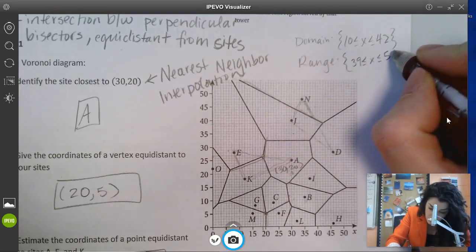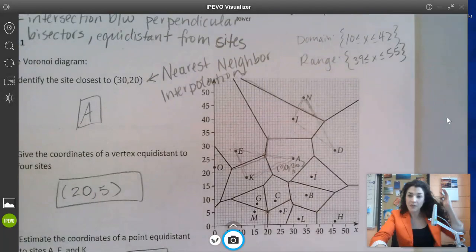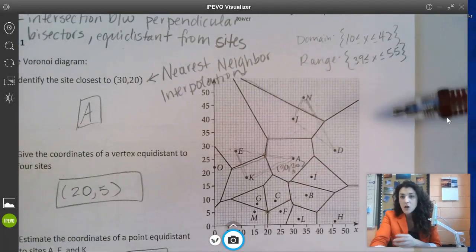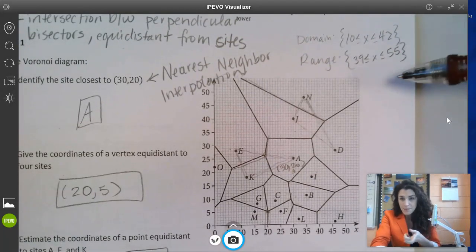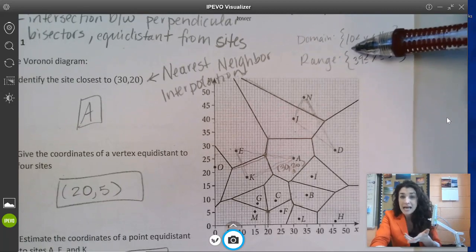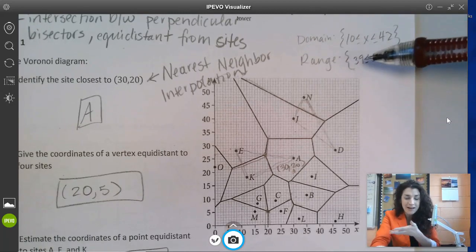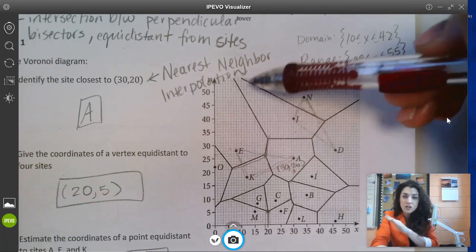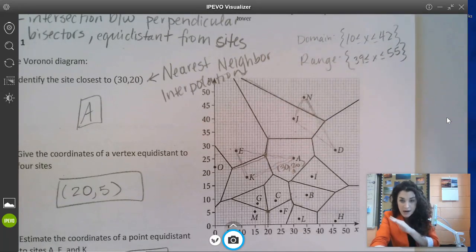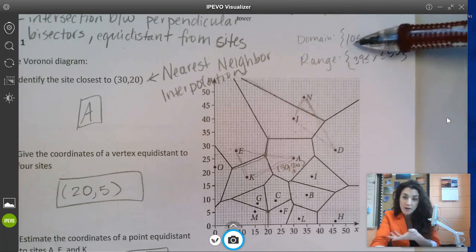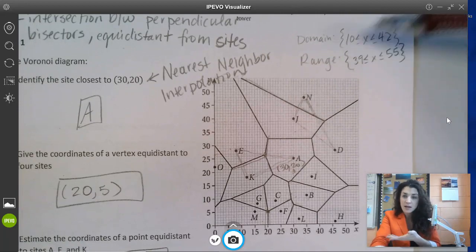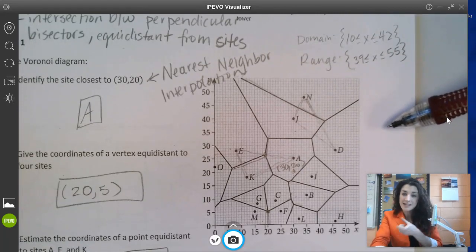So trying to think about that in regards to it having to be the same number, we're thinking of numbers that overlap, right? I can't be 10 on my range because my graph doesn't go all the way down to 10. So a value of 10 in my x coordinate is not going to work for my y coordinate because they need to be the same number.